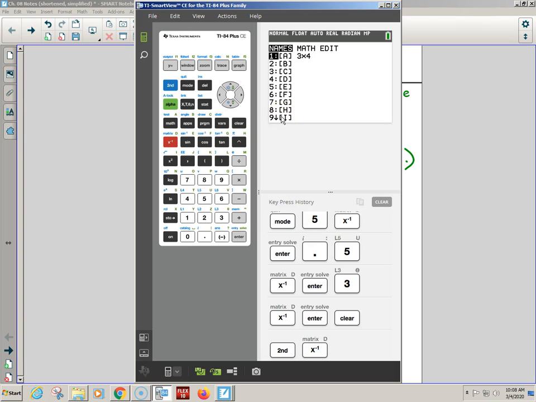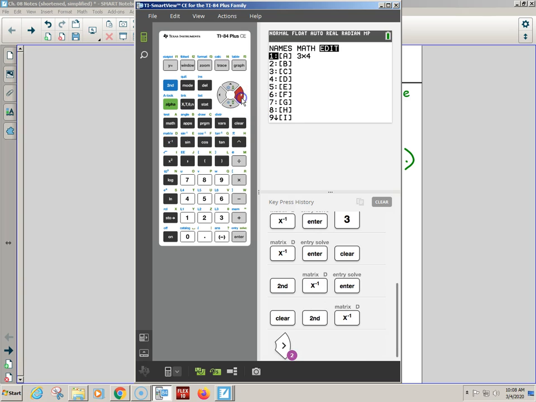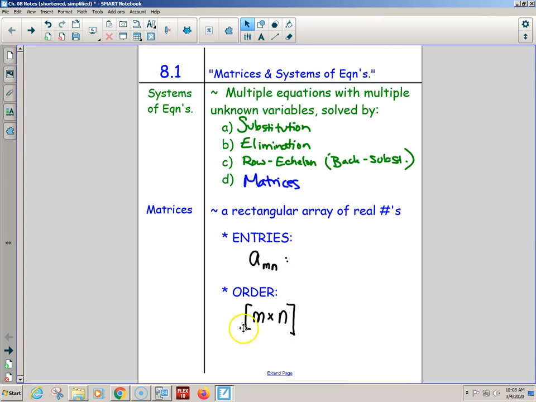How do I put a matrix in? Because if I just hit enter, it just says, okay, cool, there's an A. Edit. Good, that makes sense. You're editing a matrix. What do the 3 and 4 stand for? Look, it's the order, a number by a number.